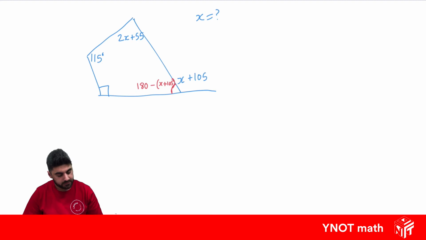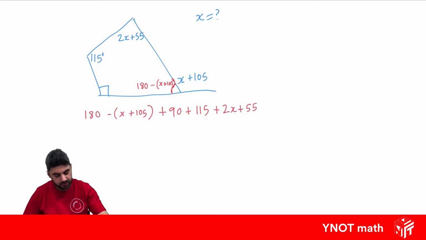And now we have a quadrilateral inside here, and we know all of these add up to 360. So we can write up an equation: 180 minus (x plus 105). You notice I put it in a bracket because it's important, because it's 180 minus the entire angle, plus 90, plus 115, plus 2x plus 55, all equals 360.